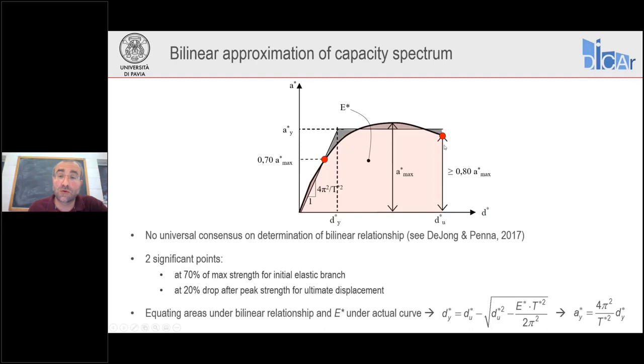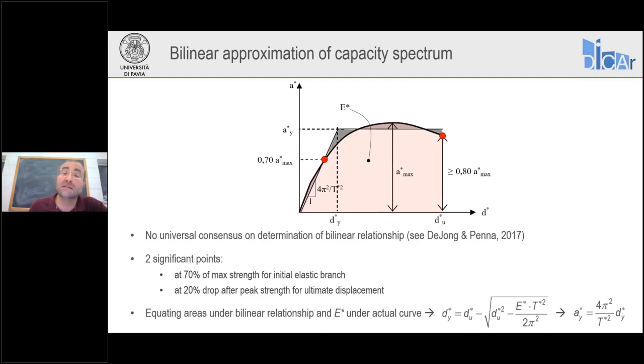You see these two red dots on the curve are our two important points. The elastic branch of the bilinear relationship has to pass through 0 and through the 70% A star max point, while we stop our analysis when we lose 20% of the strength.